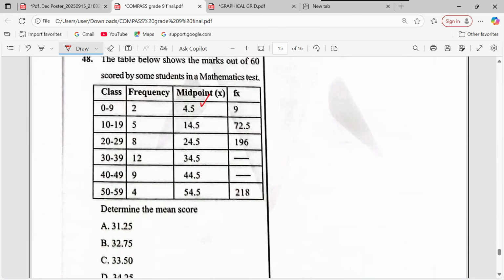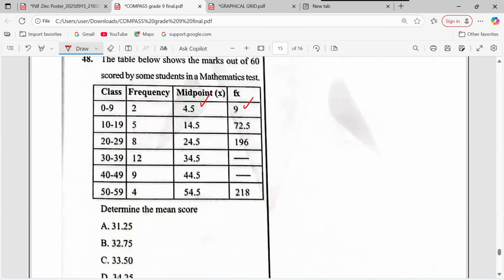Then to get the product fx, we multiply each midpoint by the frequency. For example, there, we get 9. It's good for you to know that the idea of getting a midpoint is to get a value that will represent the items in a particular class. For instance, the people scoring 10 to 19 are 5, but we don't know exactly what they have.